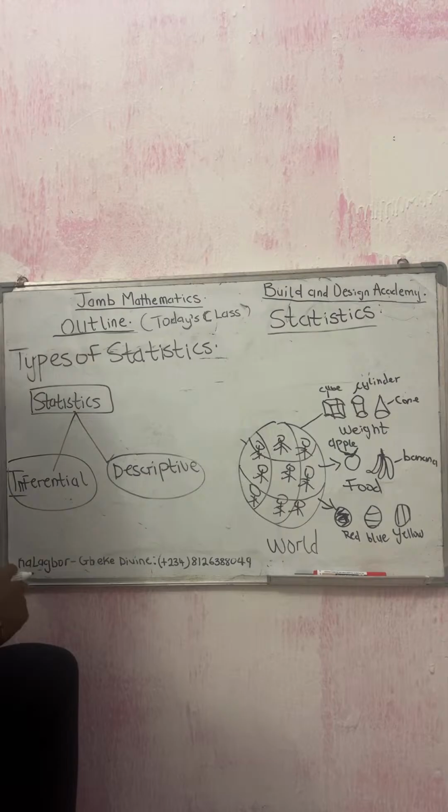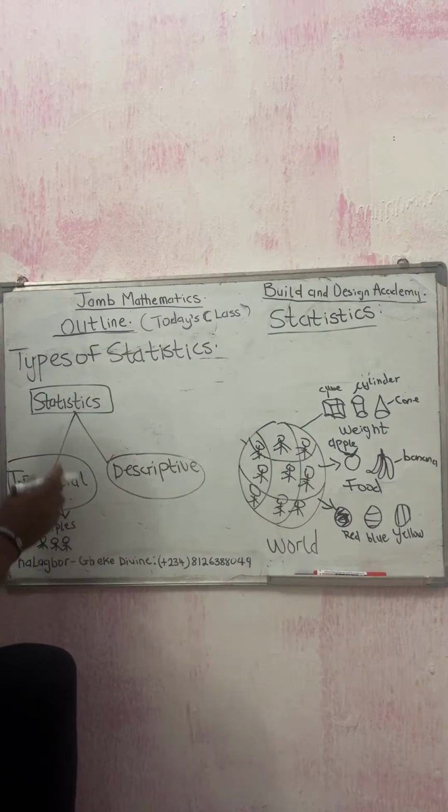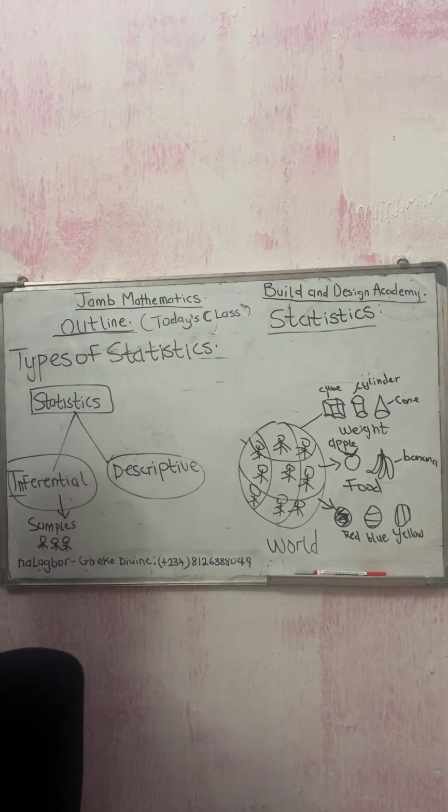Let's say now this world has different persons. So for inferential statistics, it's all about taking samples. So now we can take 3 persons out of the entire population, taking samples out of this population. We took 3 samples, then we analyze these samples. So that is what inferential statistics is.